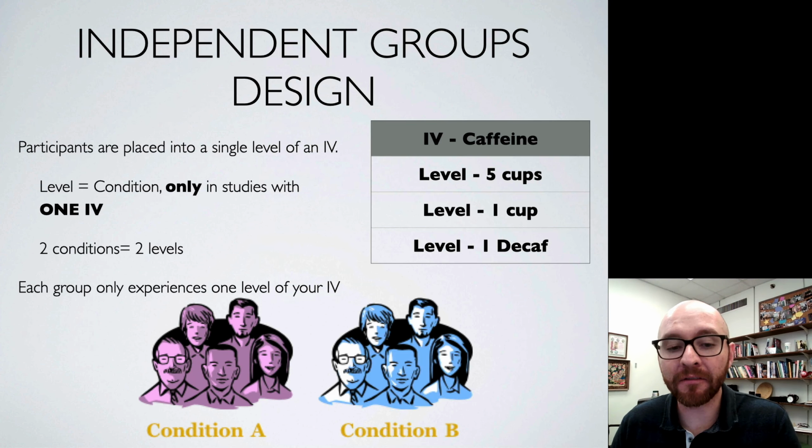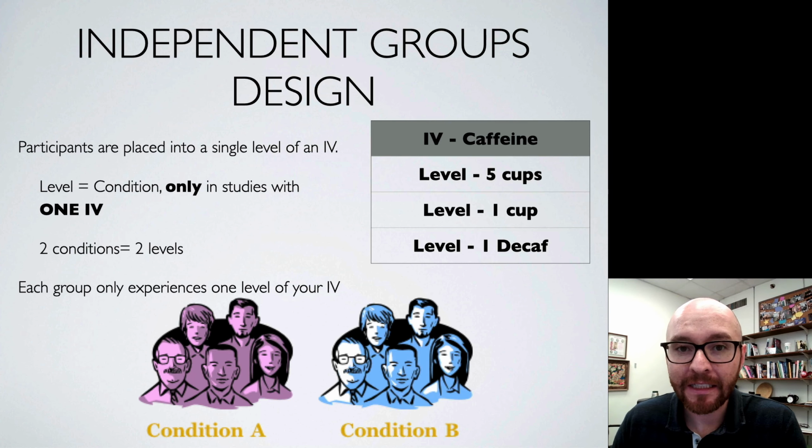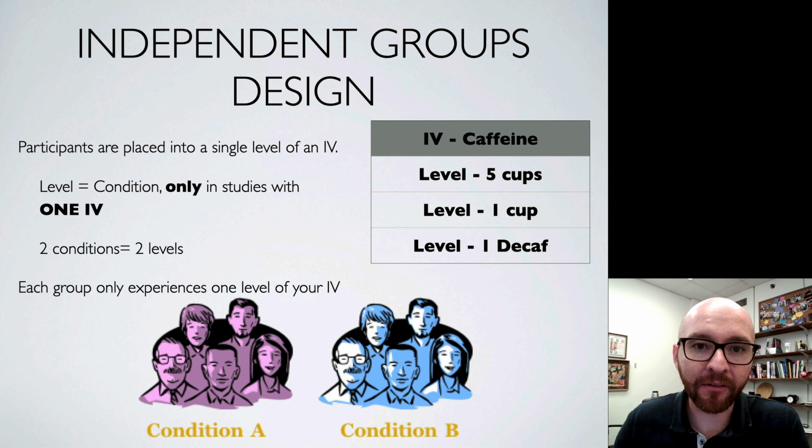So let's go ahead and review material that you'll need to know to be able to process and understand where we're going. We've reviewed this before, but here's a refresher. A level of a variable is a different sub-level of that variable.